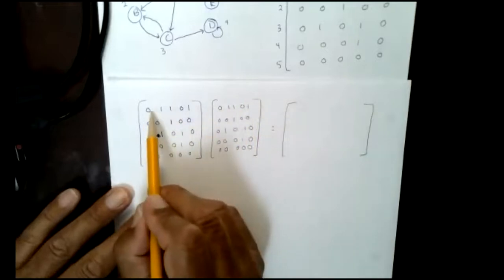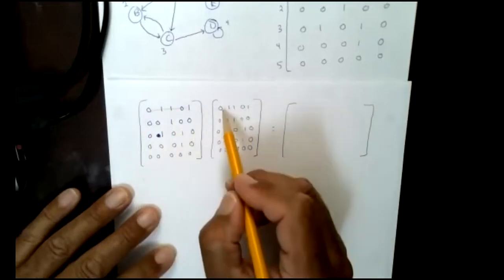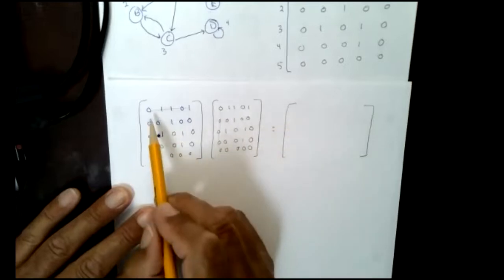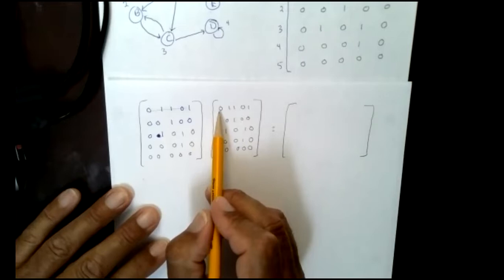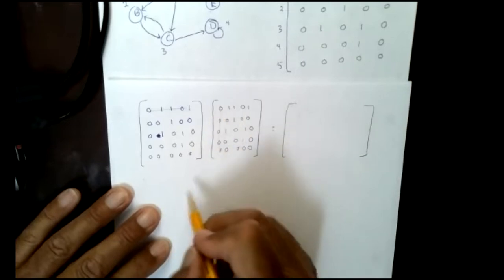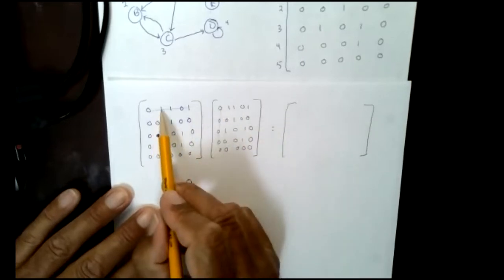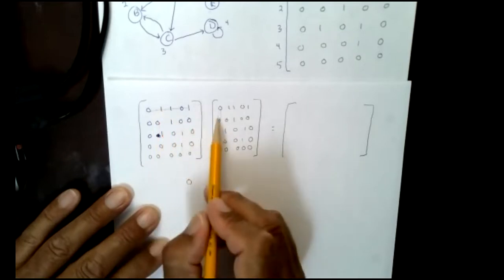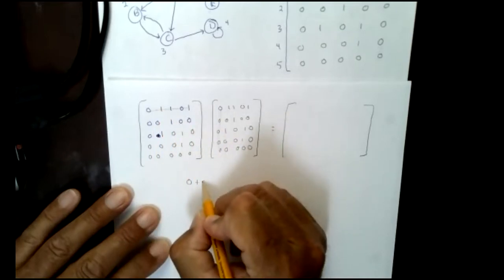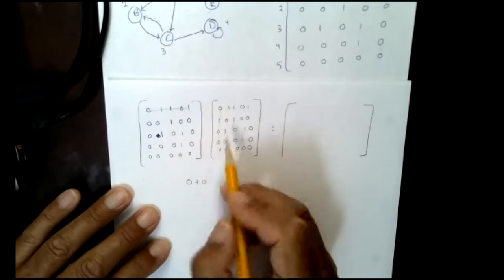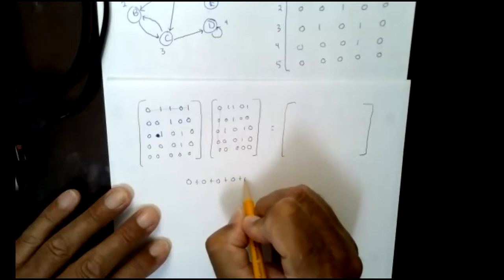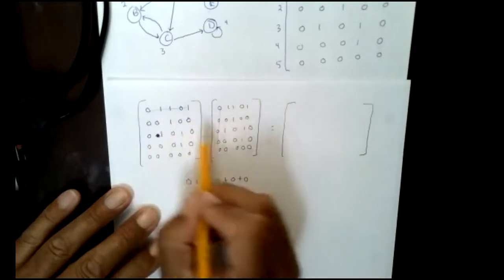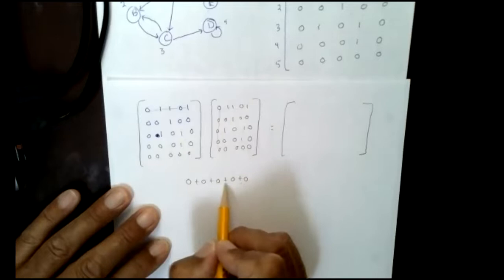When I take row 1 times column 1, I take the first element in row 1 times the first element in column 1, add them together, and I get a 0. Then I take the second element in row 1 times 0, the third times 0. This isn't going to be a lot of fun. The fourth times 0 and the fifth times 0. I just took row 1 times column 1. I add them together and I get a 0.